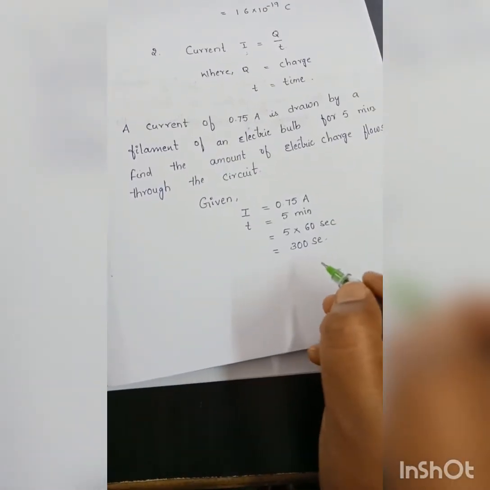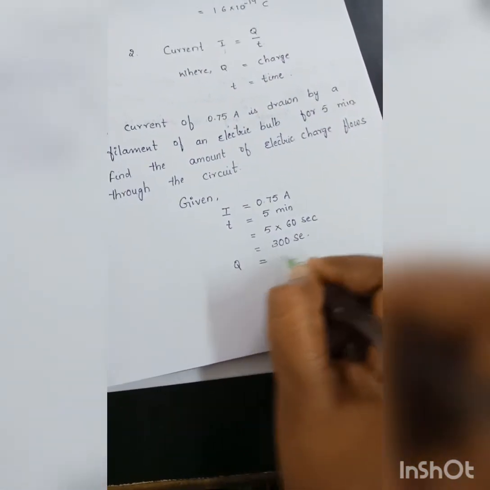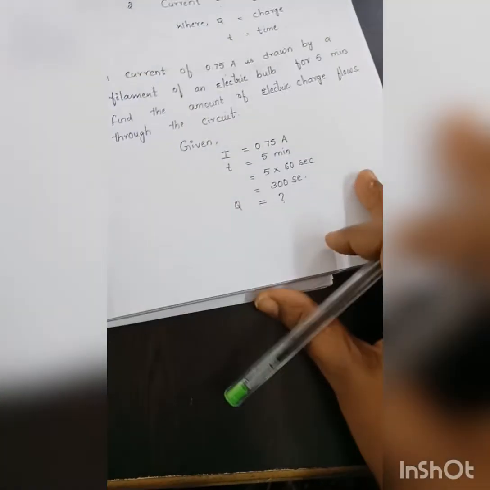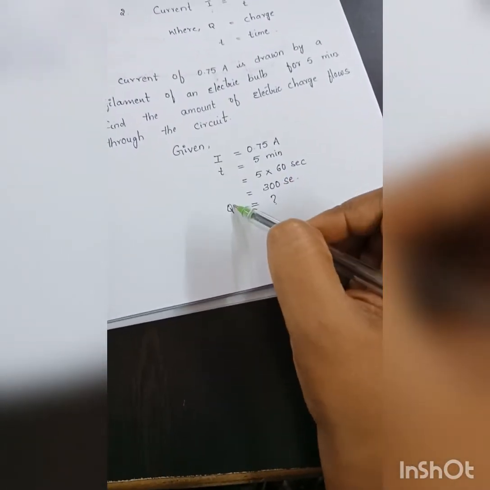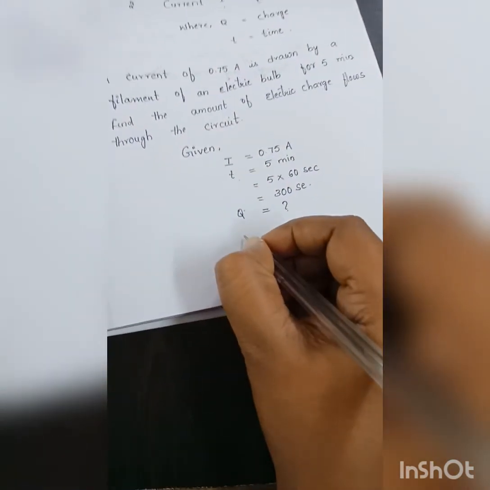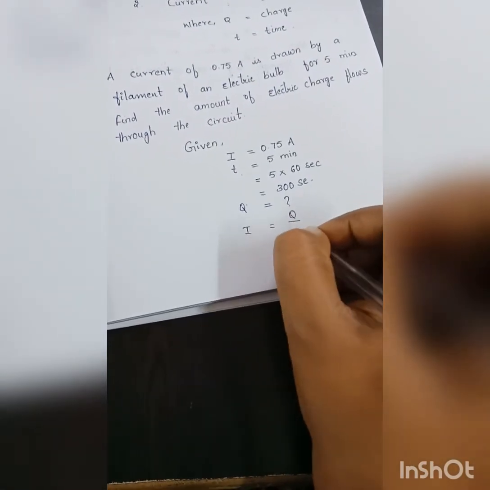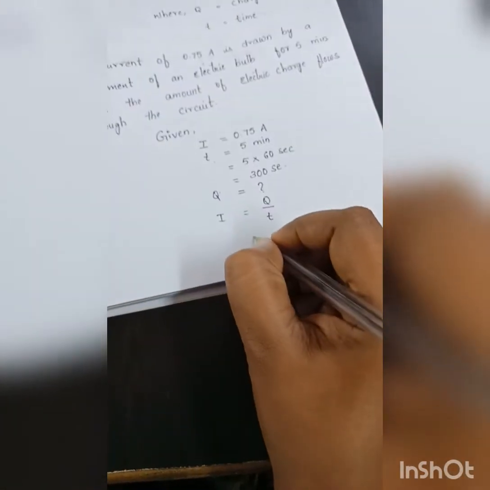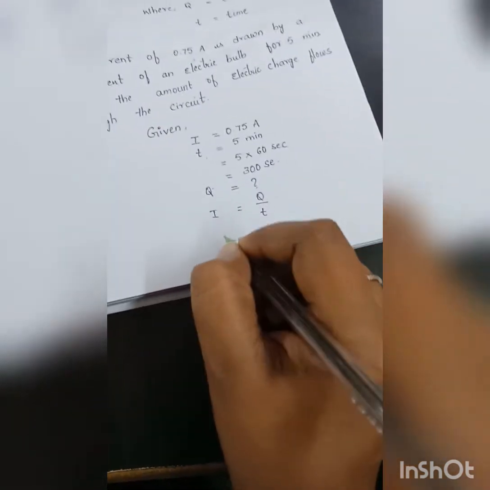Now what do we need to find? We need to find the charge, Q. What is the formula relating Q, I and T? Current I equal to Q by T. We need to find Q, so cross multiply.